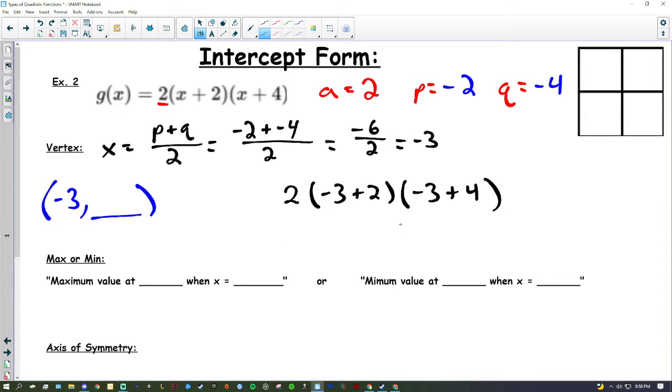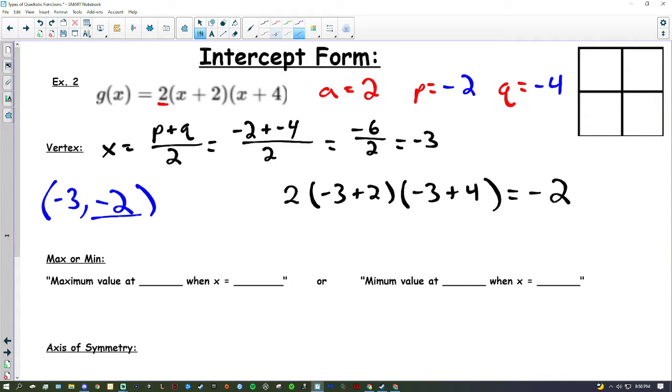Pause the video before I spoil it. All right. Negative 2. Good job. That's our y value, negative 2. Look, these are nice numbers. So our vertex is at the point negative 3, negative 2.